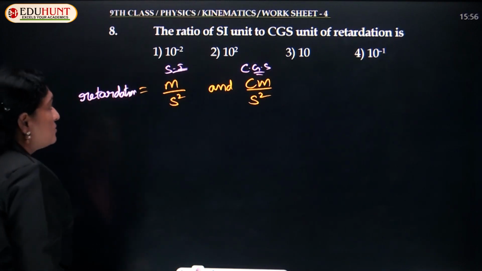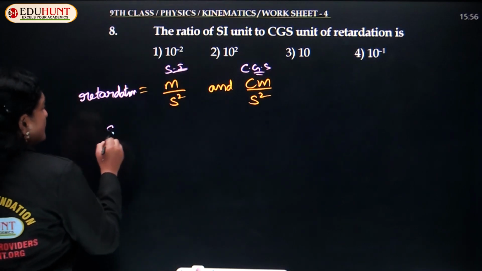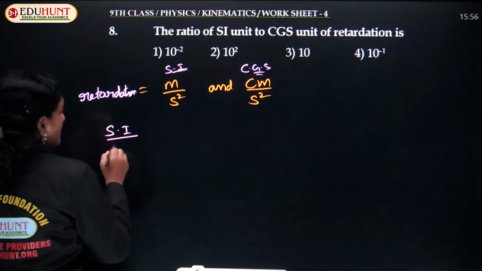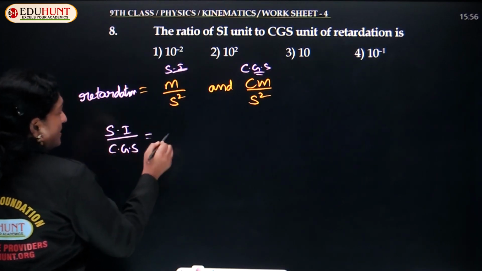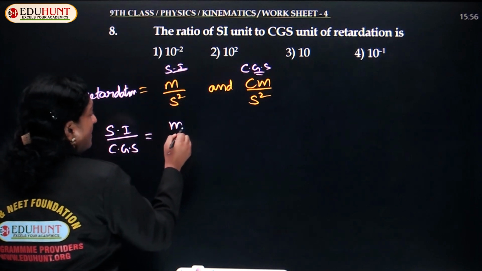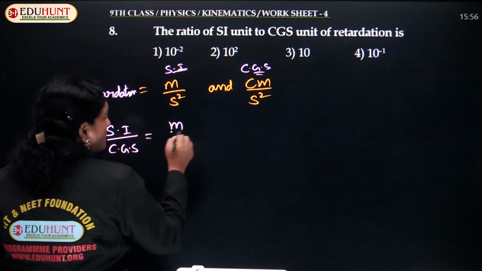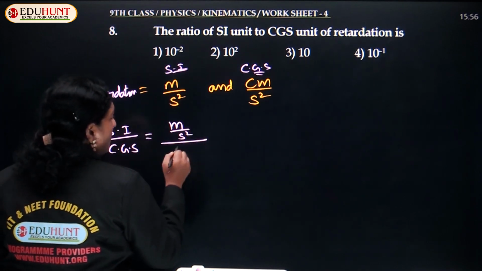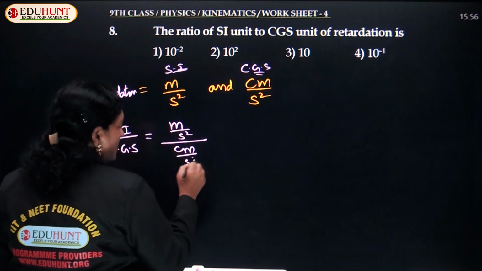So now you are asked to find out the ratio of SI units of retardation to the CGS units of retardation. This is nothing but meter per second square whole upon centimeter per second square.